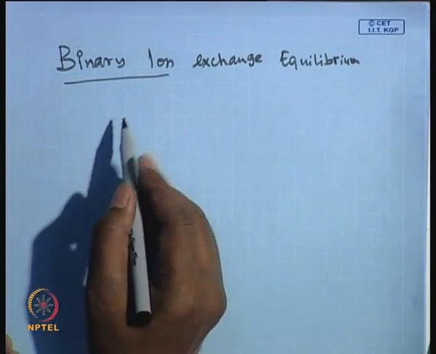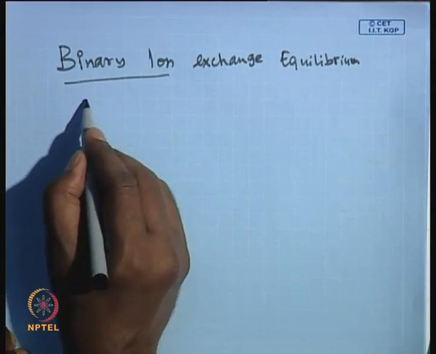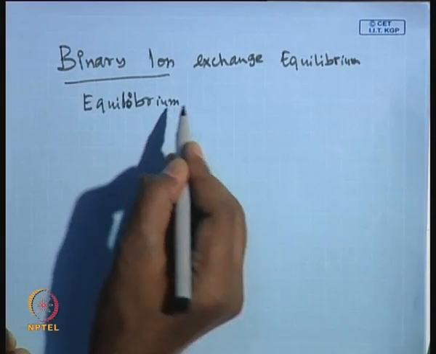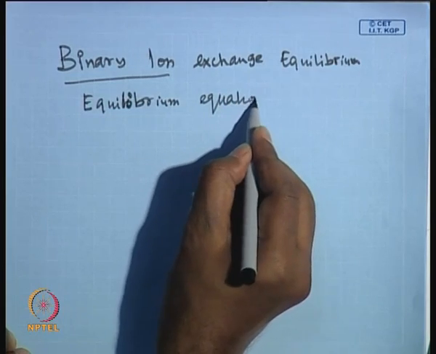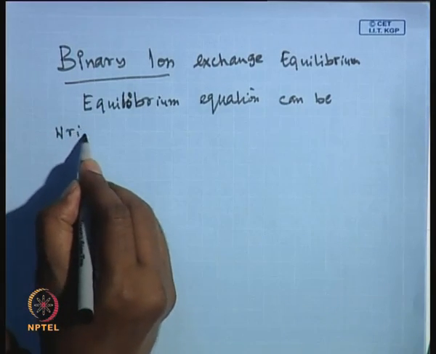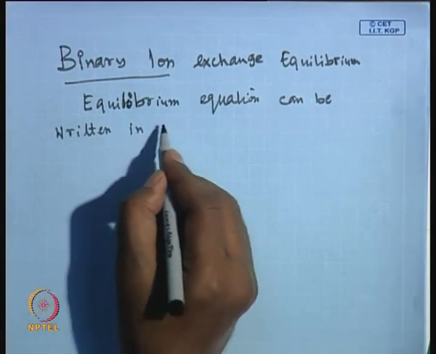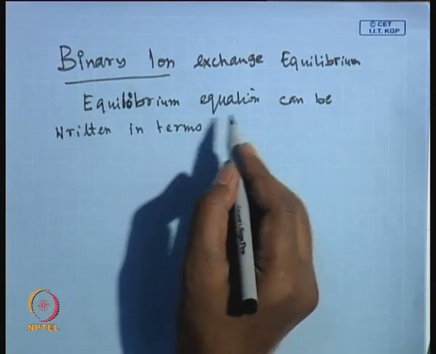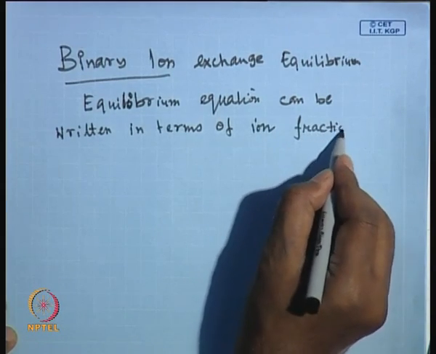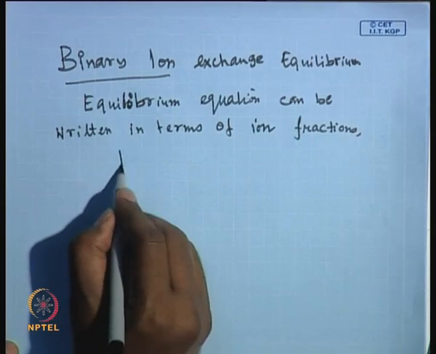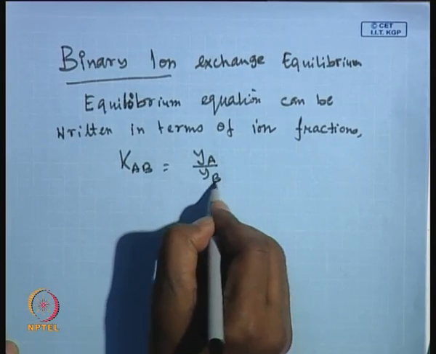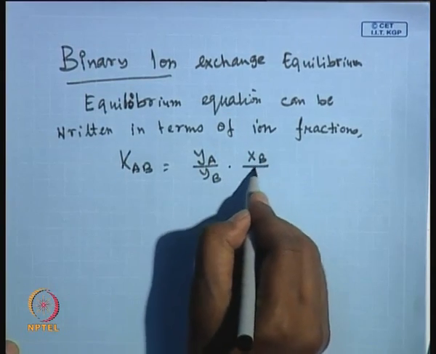Okay. So, the equilibrium equation can be written in terms of ion fractions: K_AB is equal to Y_A by Y_B multiplied by X_B by X_A.